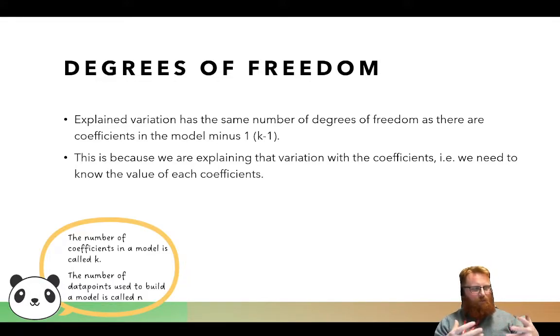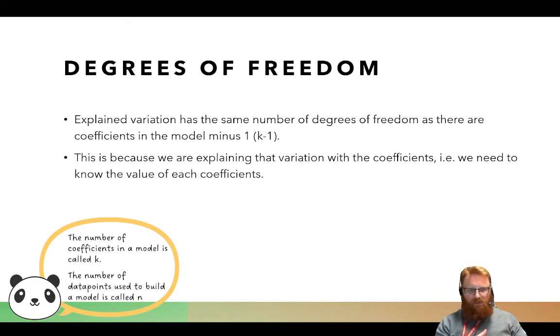It is the amount of variance explained by the coefficients in our model. We remember that if we had a one-way ANOVA with three groups, we have three coefficients. One of the coefficients would be the mean of one of these groups, and then the other two coefficients would be the difference from that mean. So we have three coefficients, and we're explaining that variance with those three coefficients.